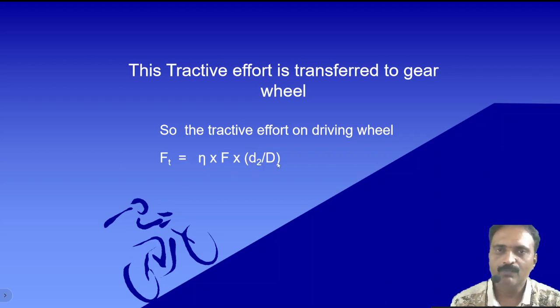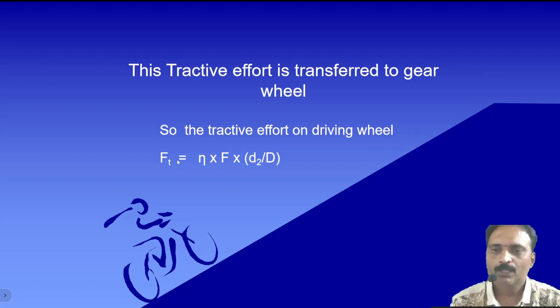wheels between which the power is going to be transmitted. That is, D2 is actually the diameter of the gear wheel, and the capital D is the diameter of the driving wheel. So between these two the power is being transmitted, hence we have to consider this ratio also in addition to the force.